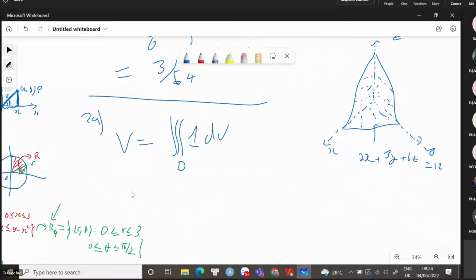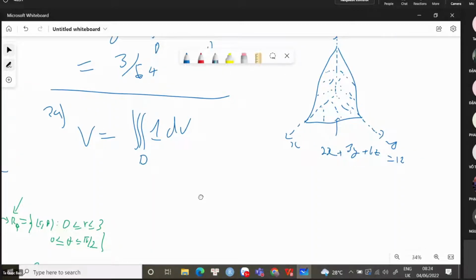And now from here you can see that this is x. So when z and y equal 0, x is equal to 6. Similarly here is 4 and here is 2. Therefore, first you take the integral in x from 0 to 6.